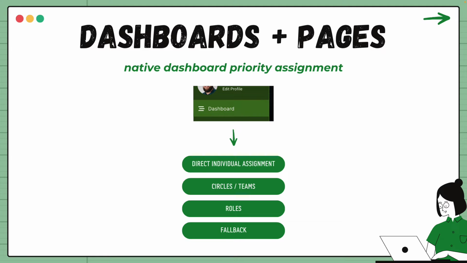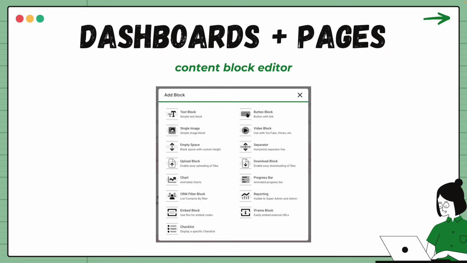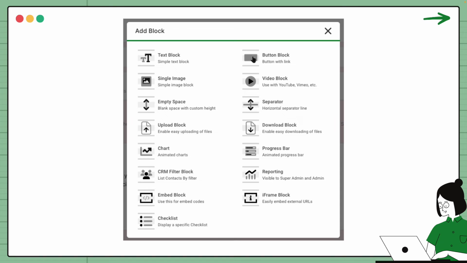All right, so let's move on. The content block editor. This is SuiteDash's proprietary content editor that helps you create layouts using multiple columns and rows and things like that. That's fairly typical. But what makes the content block editor different is the types of blocks that we make available to you, because these content blocks are specifically designed to provide dynamic options for things like dashboards, portal pages, etc. They're seamlessly integrated with the CRM, with the data from the CRM, and with the data from the rest of the platform.